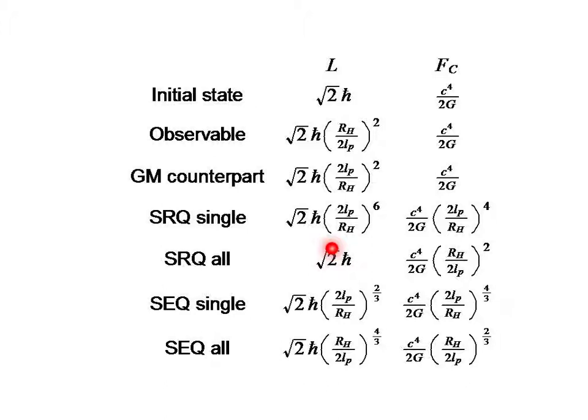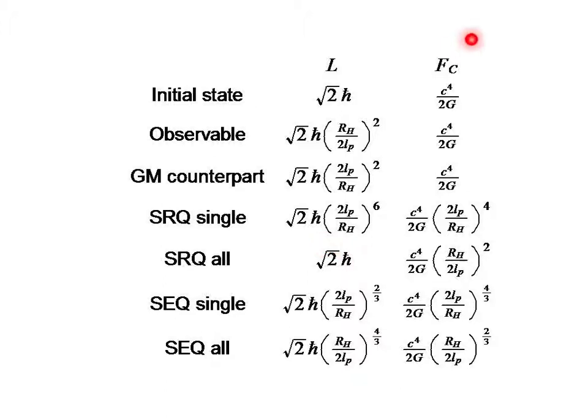So it's as though the small energy quantum is working as an active agent in the geometric mean counterpart equation to conserve angular momentum at the SEQ level, much in the way that we see angular momentum being conserved at the SRQ level by itself and inherently.